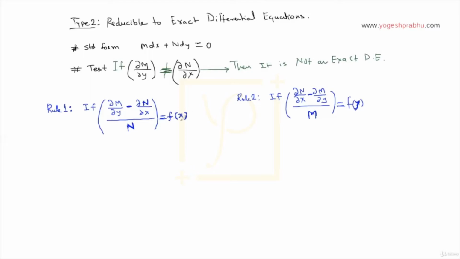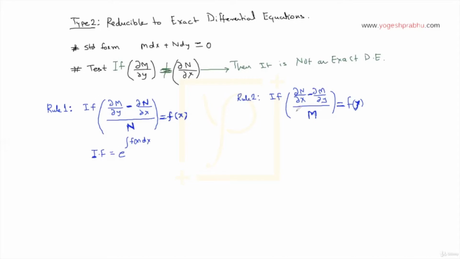If this happens, we will find something called IF, the integrating factor, and the formula for IF is e raised to the integration of f(x) dx. With the integrating factor, we can convert the non-exact differential equation into an exact differential equation. That is how rule 1 works.